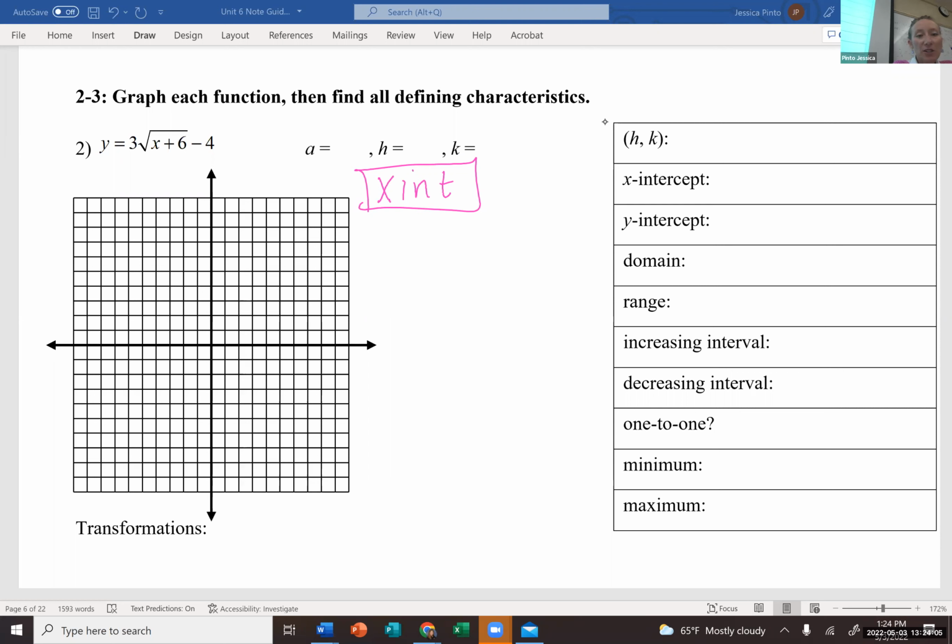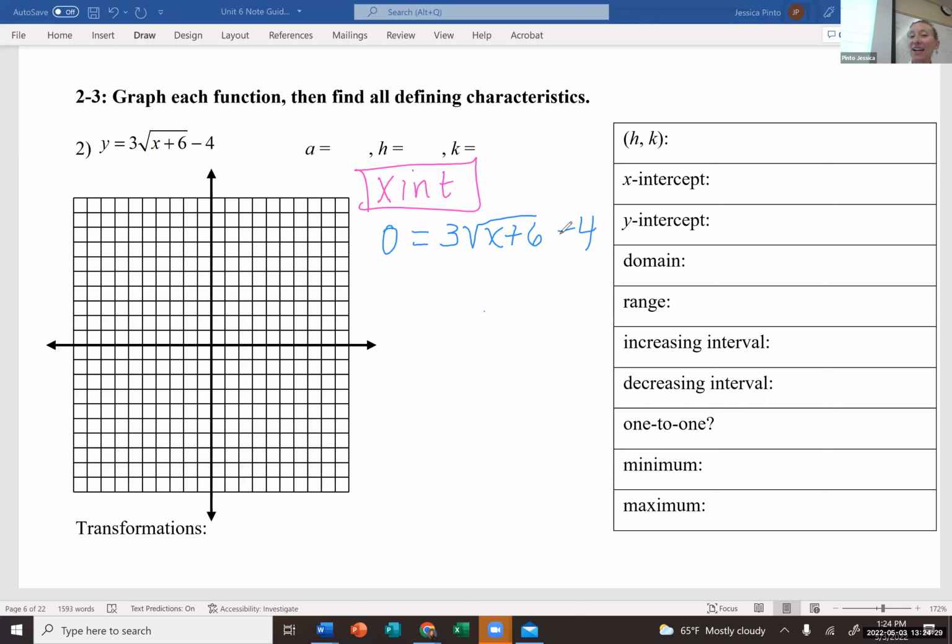The work for the x-intercept starts with us plugging in 0 for y, and it's 3 times radical x plus 6, minus 4. The first 2 steps are going to isolate the radical. Honor passing it on to somebody. Gil, what's our first step? Okay, nope.